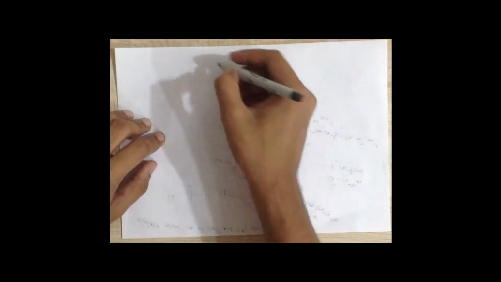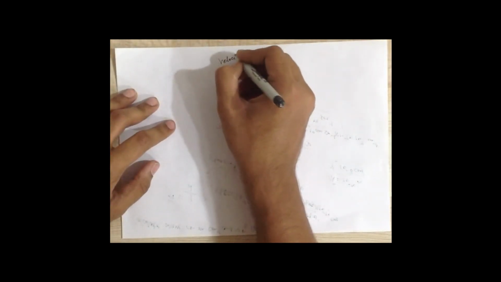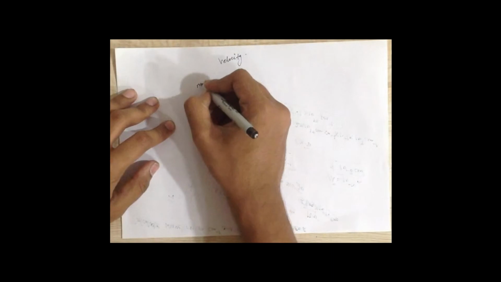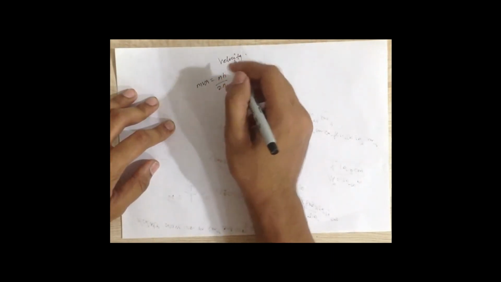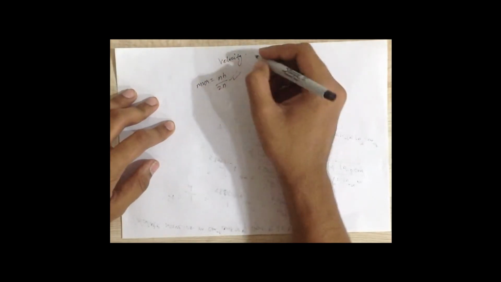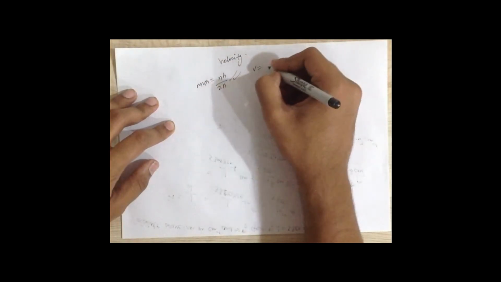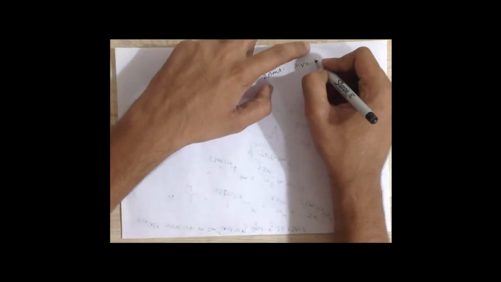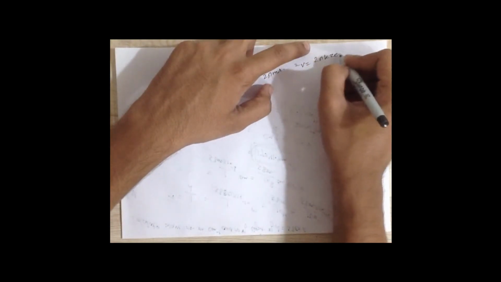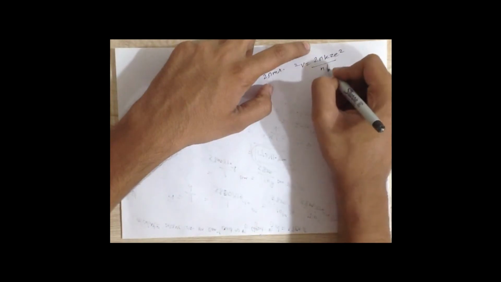Now we will calculate the velocity of an electron. For velocity of electron, we know that mvr has to be equal to nh upon 2 pi according to Bohr. Now v comes nh upon 2 pi mr. On substituting r again in this value, we get v equals 2 pi kz e square upon nh.